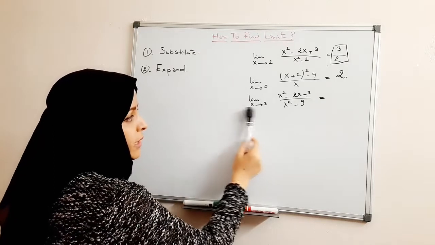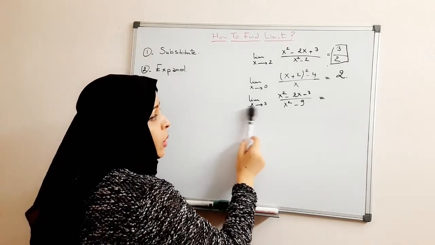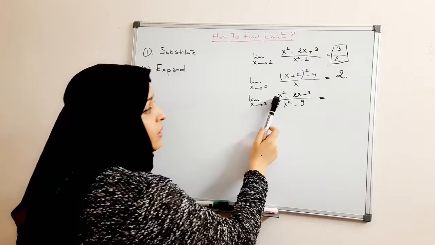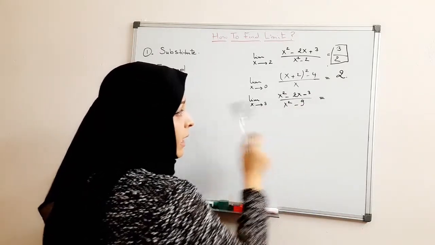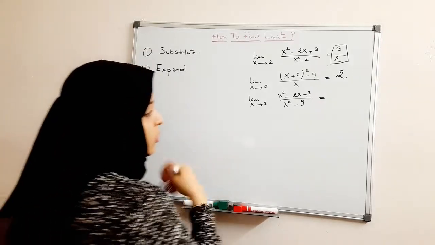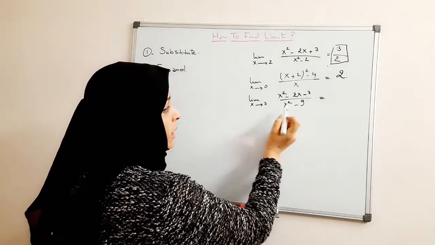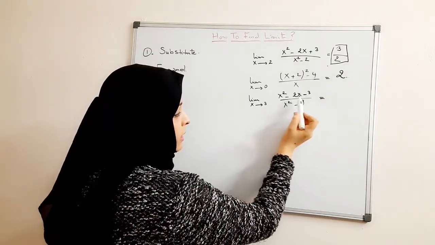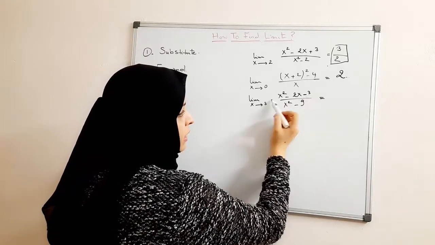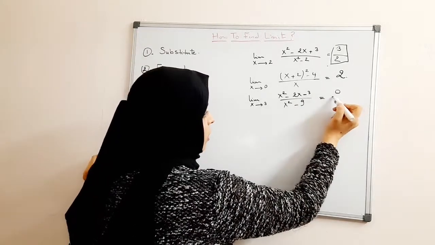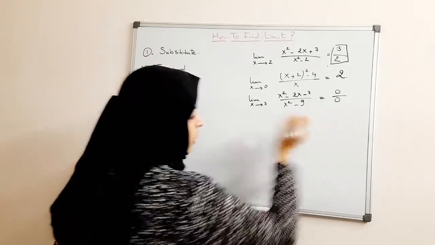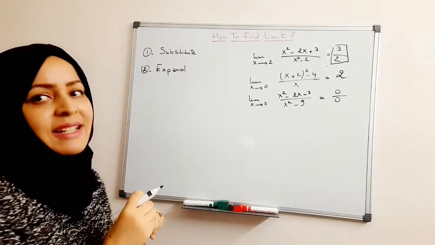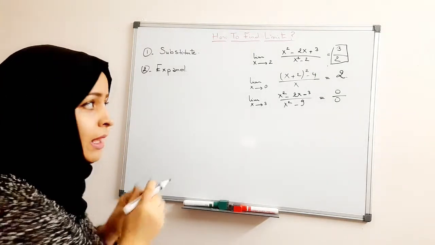If we want to find the limit when x approaches 3 of x squared minus 2x minus 3 over x squared minus 9, if we try to substitute, we get 9 minus 6 minus 3, it's 0, over 9 minus 9, 0. So again, we got an indeterminate form.